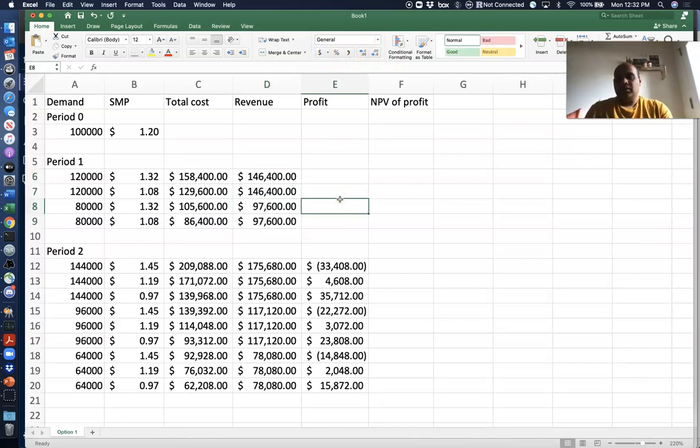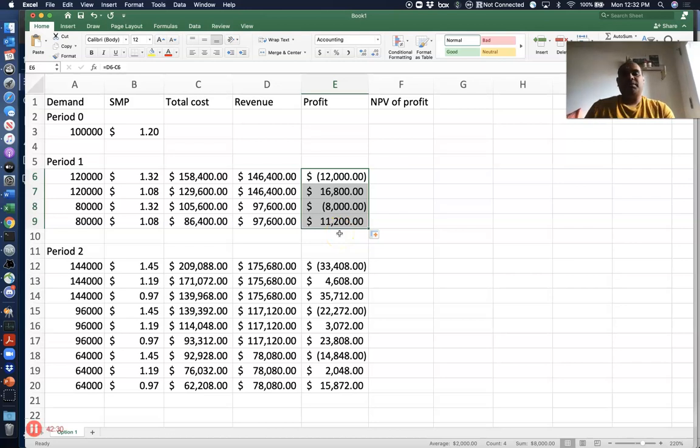So profit is revenue minus cost. Again, these are 2 scenarios where the spot market price is more than revenue, so you're going to lose money, and 2 scenarios where the spot market price is less than revenue, so you can make money.